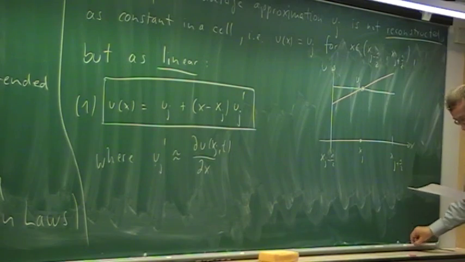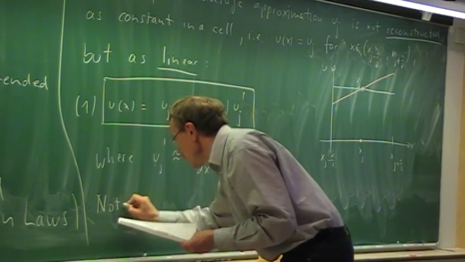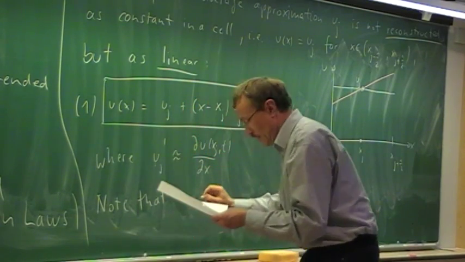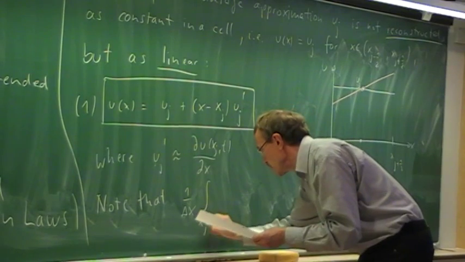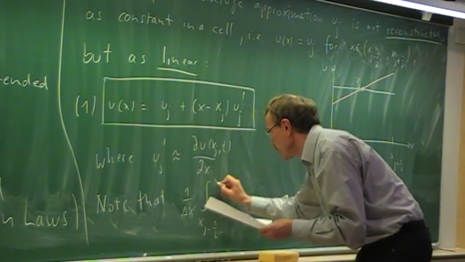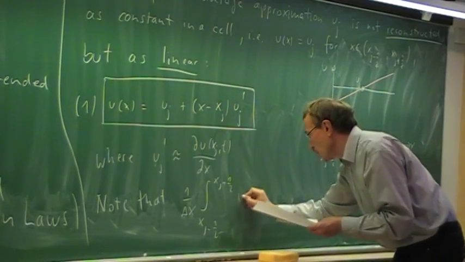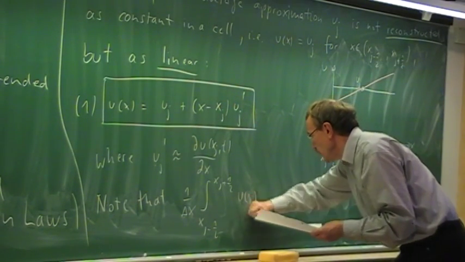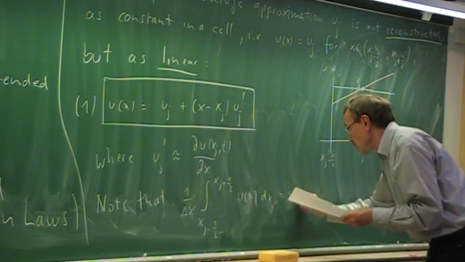So that means we do it such, note that 1 over delta x integral from xj minus 1/2 to xj plus 1/2, when we do this integration of this linear form, u of x dx, that is equal to uj.